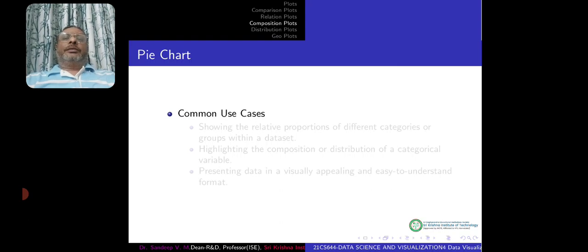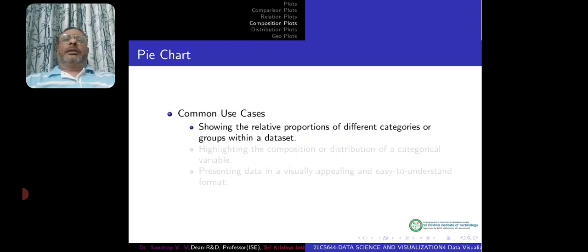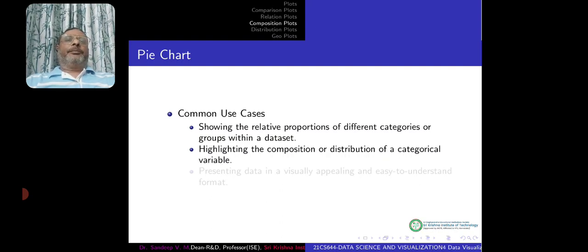The common use case where a pie chart can be used is showing the relative proportion of different categories or groups within a data set. So if a data set has a particular feature which has categories, then for that feature, how much proportion each category has can be shown in this pie chart.